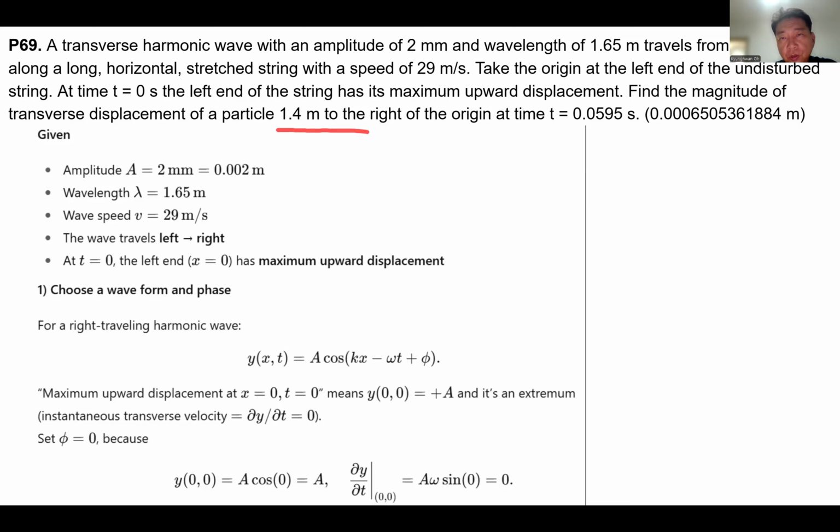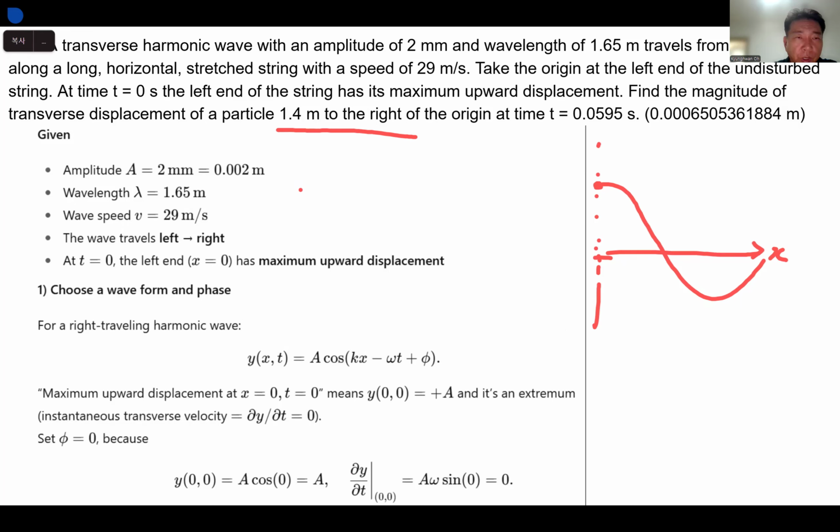Okay, so here is the x, and here's the origin. According to this, at t equal to 0, the left end of the string has its maximum upward displacement, so it has a certain maximum, and then it should go something like this.